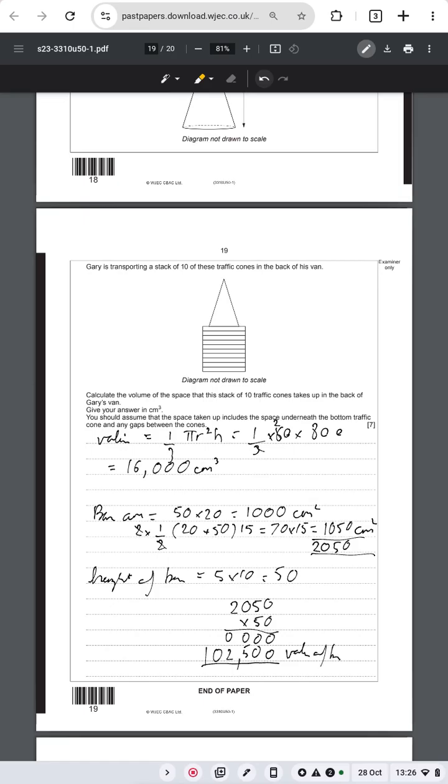And then we just need to add that to the 16,000. So the total volume, which I'll just write as total V, is going to be 118,500 centimeters cubed.